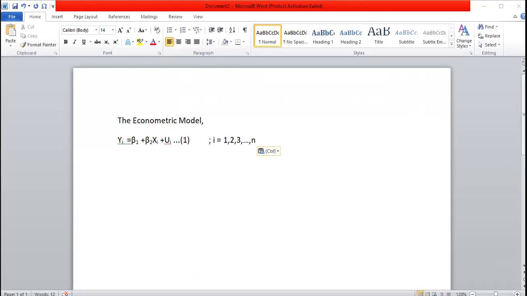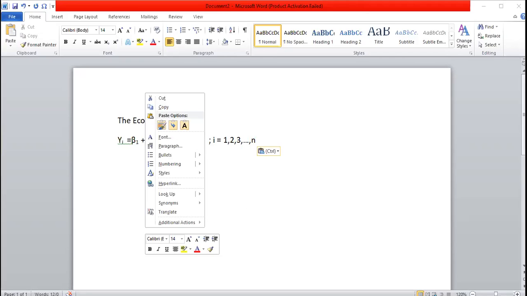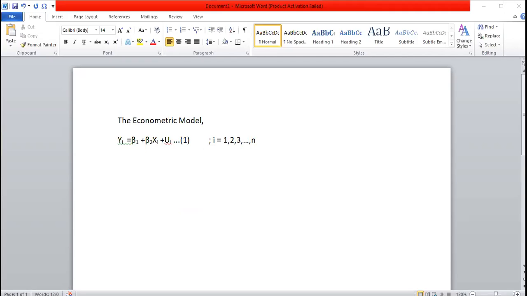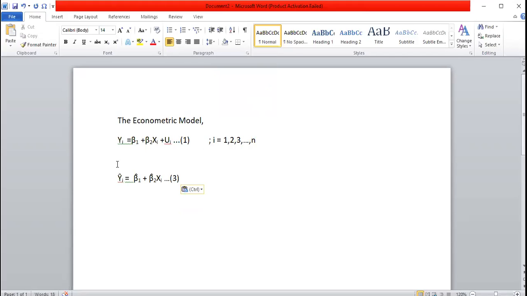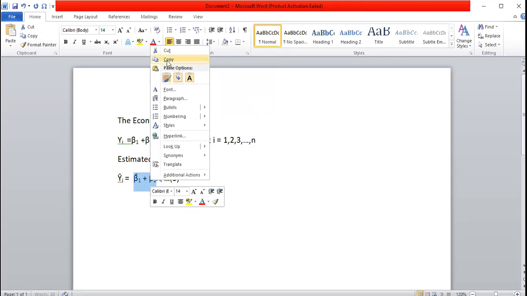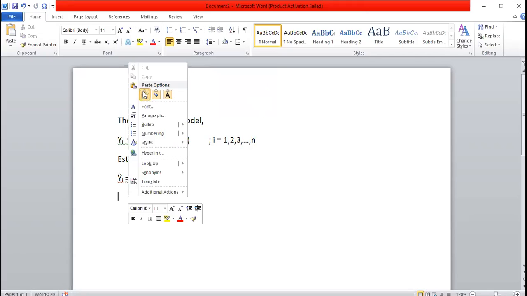Estimators are here. Here is the estimated line. Beta 1 hat and beta 2 hat are the estimators. Let me write them first and then I'll ask the question.